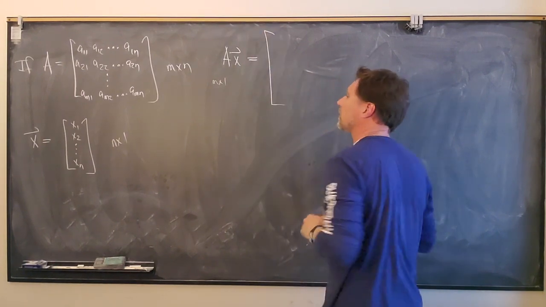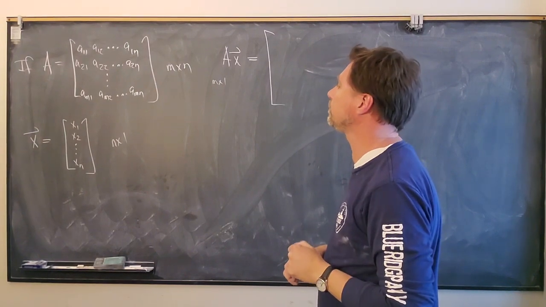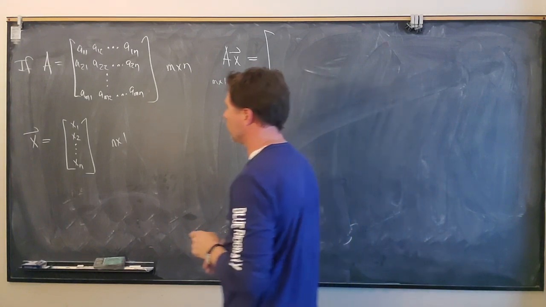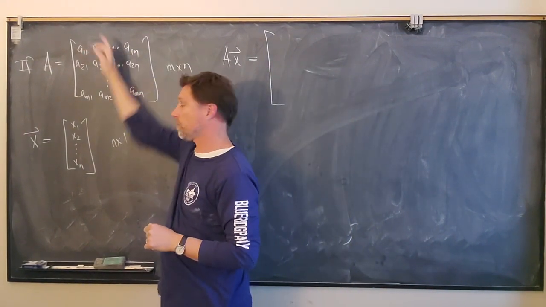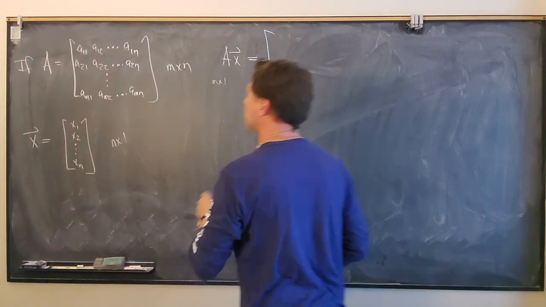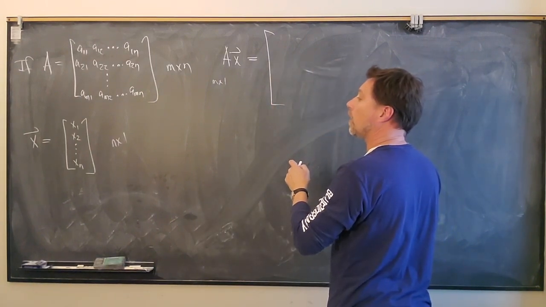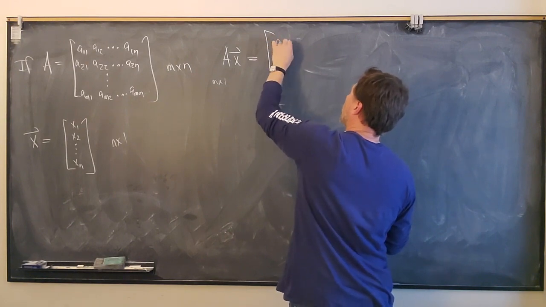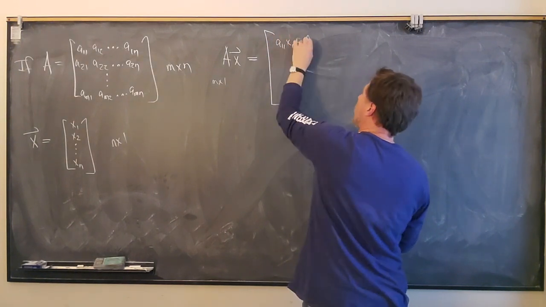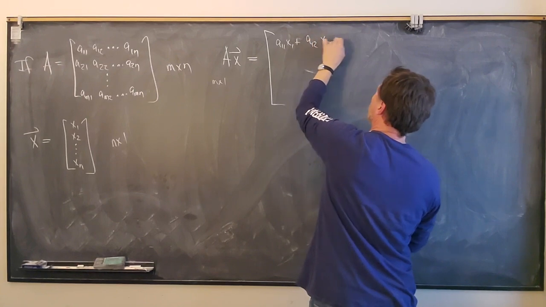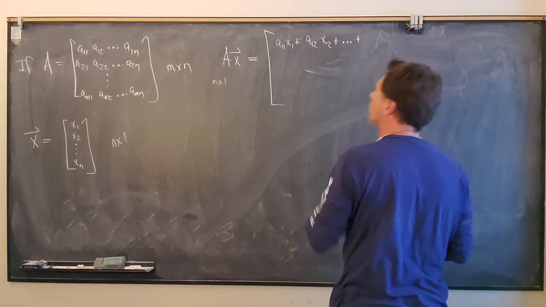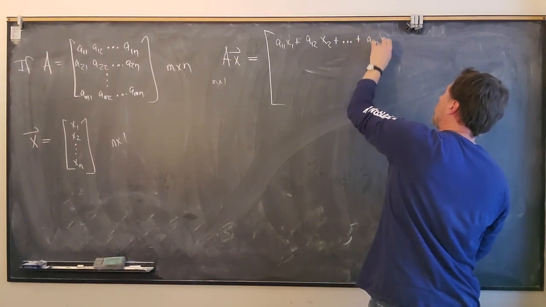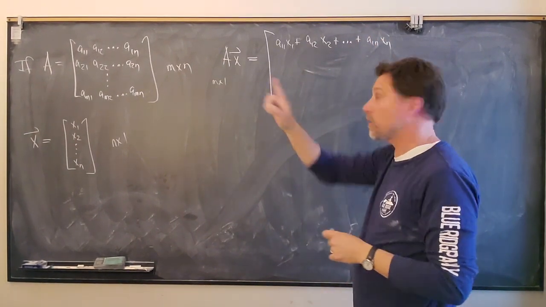So let me write it out like this. I'm going to kind of do the details here. The top entry will be this row dotted with this column. So it'll be A11 x1 plus A12 x2 plus dot, dot, dot, plus A1n x sub n. So there's the first entry. Remember, this is just a single entry.